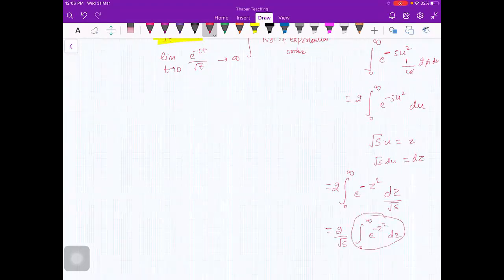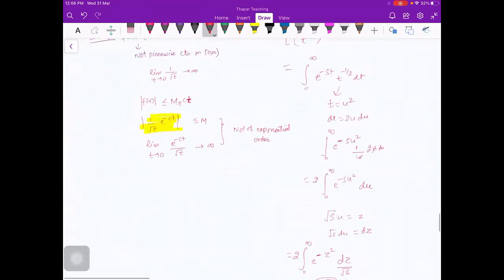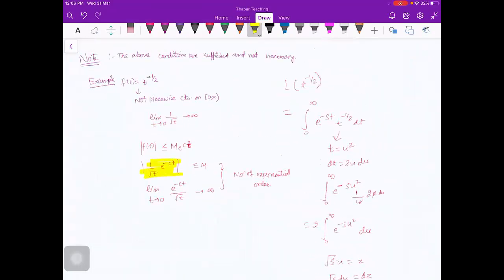This integral is well defined and its value is root pi by 2. So you get root pi by s. This is a function which is neither piecewise continuous nor of exponential order, but still its Laplace transform exists. So you have to remember that these conditions are only sufficient conditions, not necessary conditions.